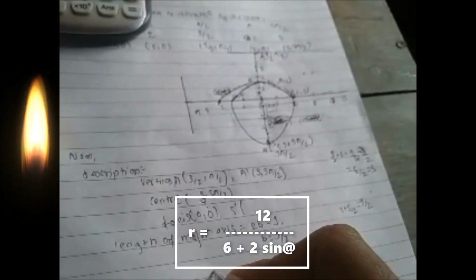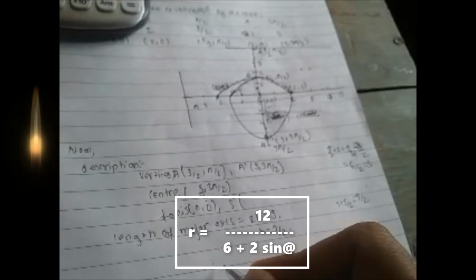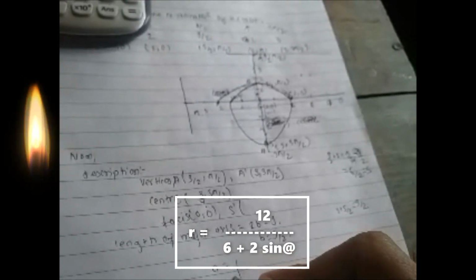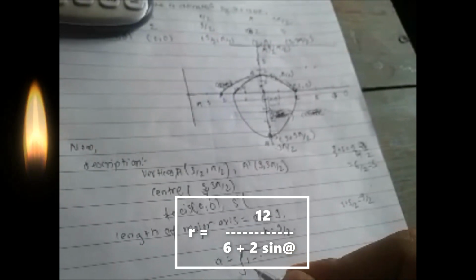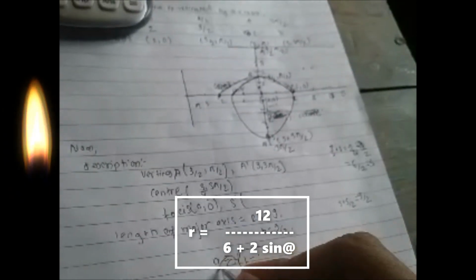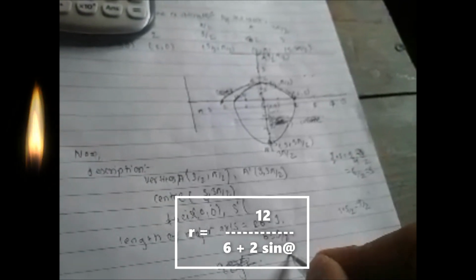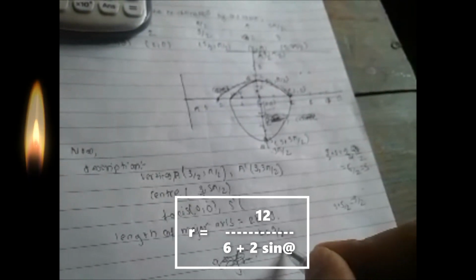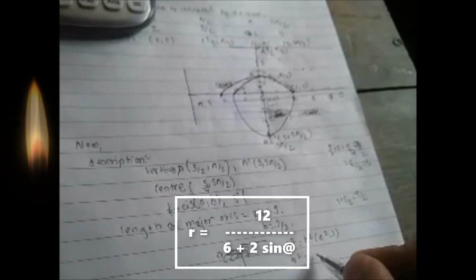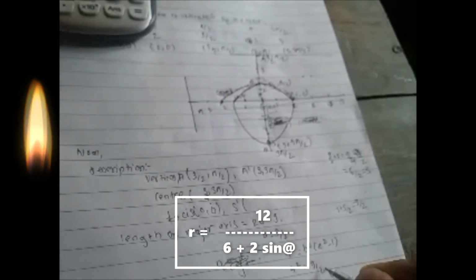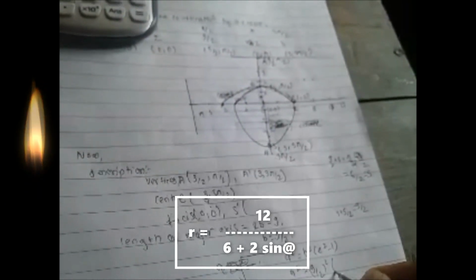And since the eccentricity is given, we can find the value of a as root over 1 minus... or if you have forgotten this formula, I have forgotten this formula, so we use the next formula. What is the next formula? a square is equal to b square e square minus 1. a square is equal to b square, 9 by 2 whole square, times e square.